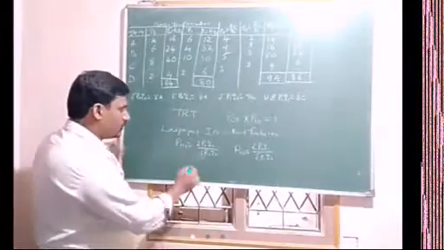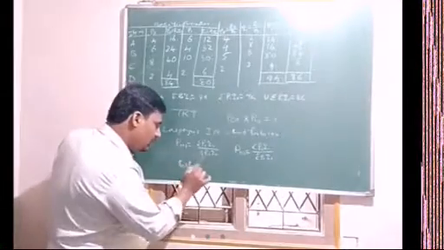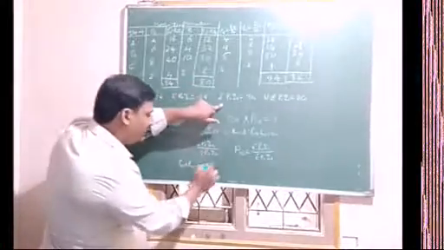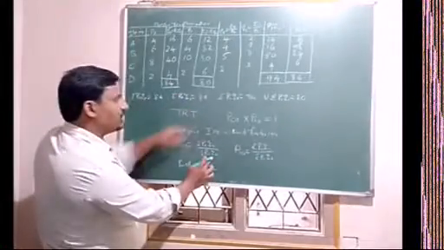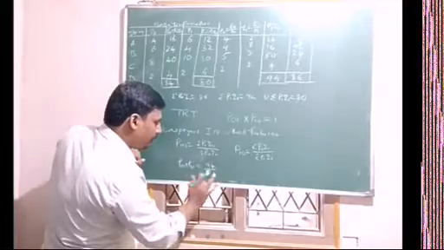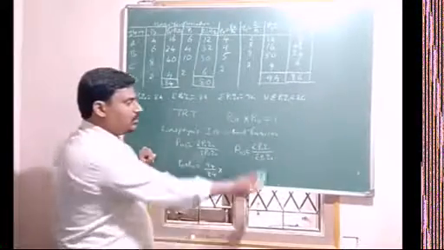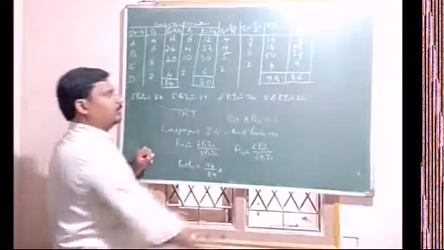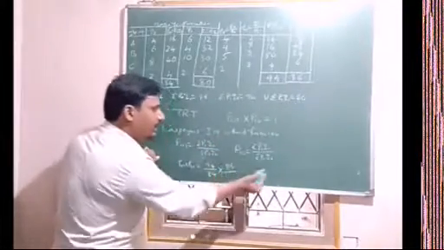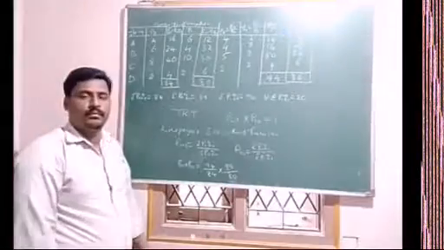So P01 into P10 is equal to summation P1 Q0, 94, divided by summation P0 Q0, 84, into summation P0 Q1, 86, divided by summation P1 Q1, 80. Okay.